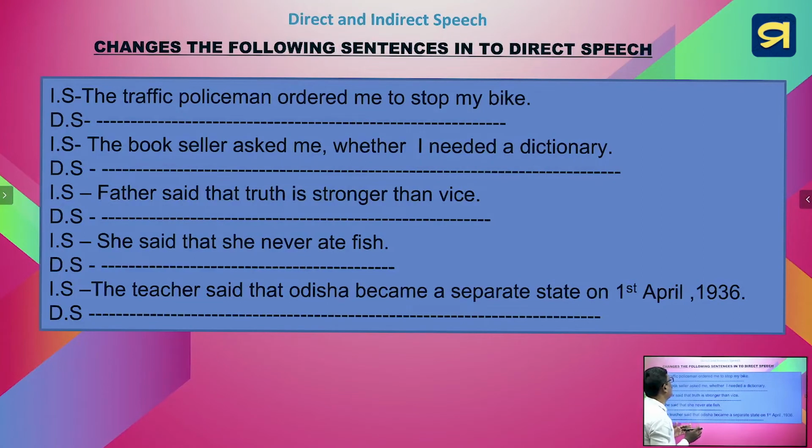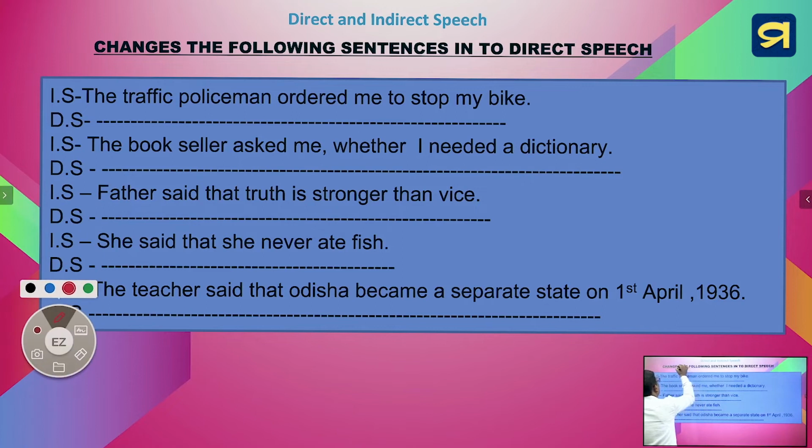Now we will discuss some more questions, but it is different. How is it different? Change the following sentences into indirect speech.